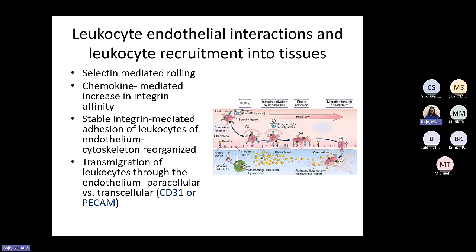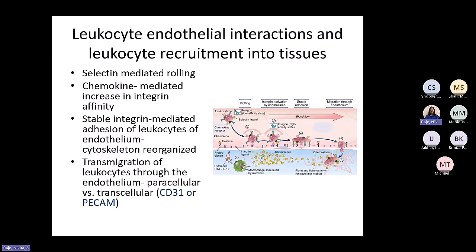They use a molecule called CD31, or PECAM, another integrin ligand that can help in that transmigration of leukocytes. Once it comes out of the circulation, it can follow the scent of the chemokines so that cell is going to end up at the site of infection where the chemokines were initially released.